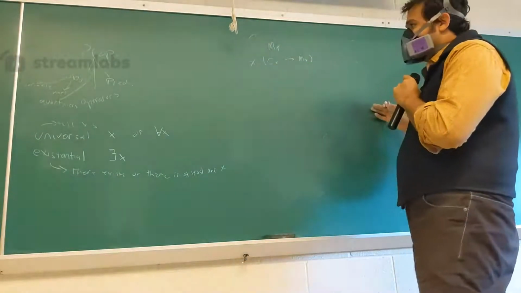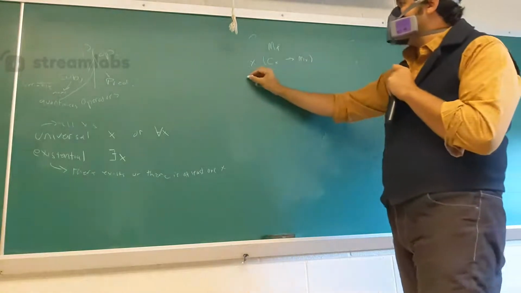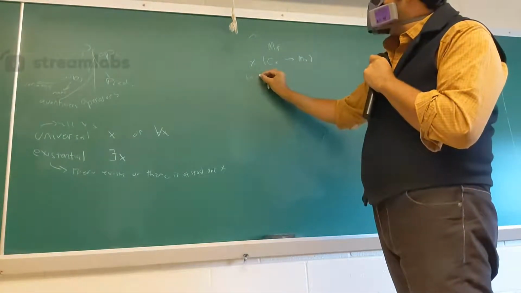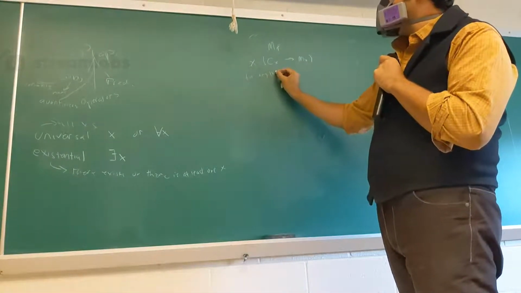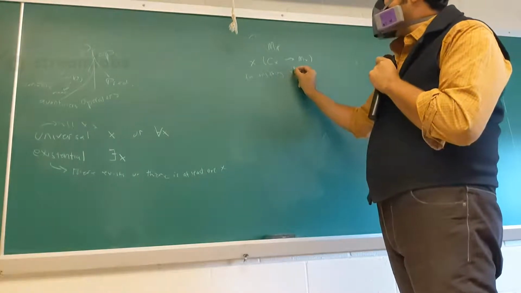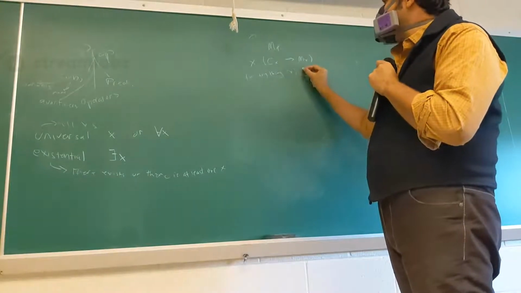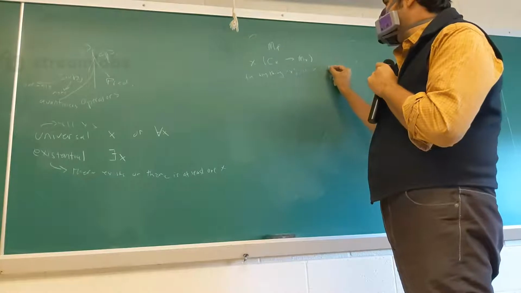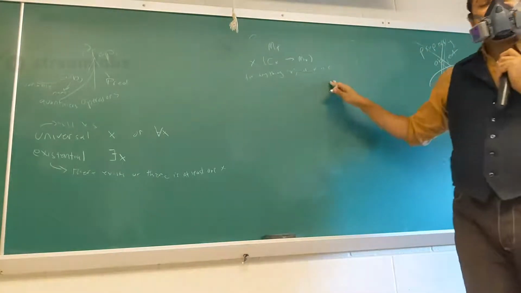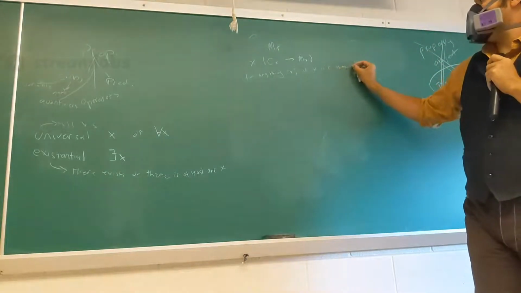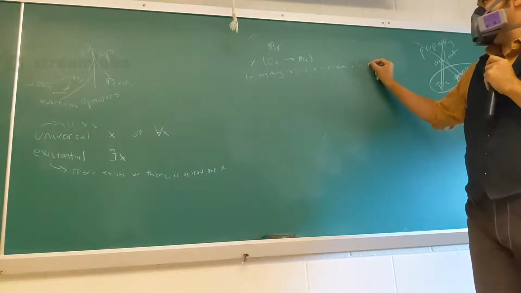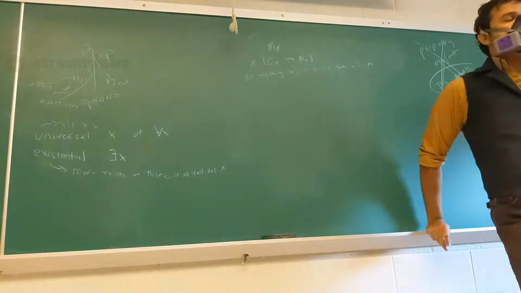So this says, for anything X, if X is C, or has property C, then X is M, or has property M.